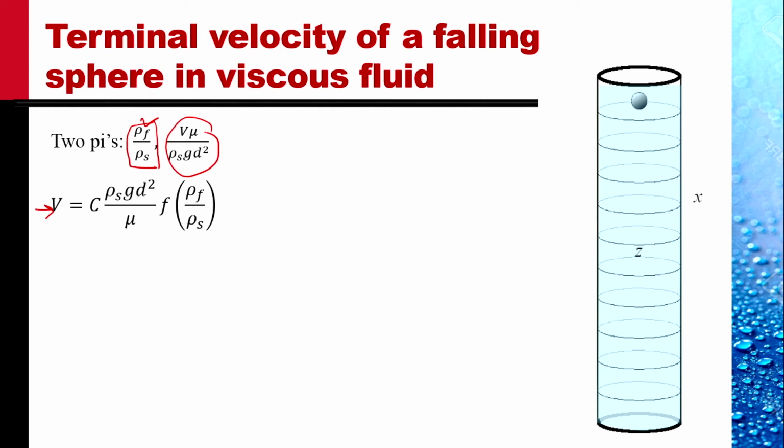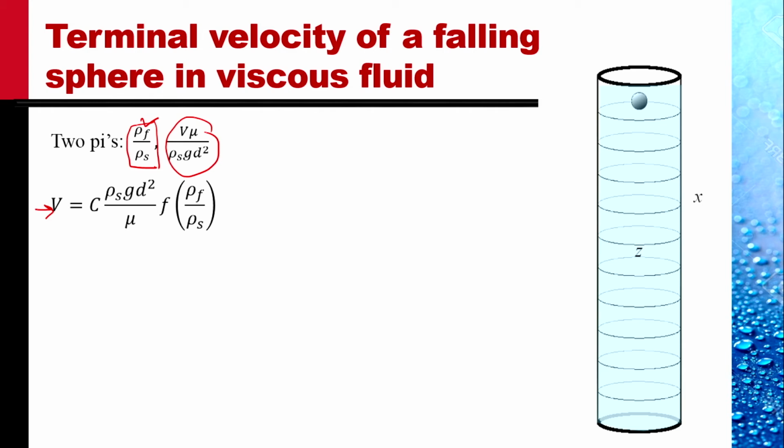As we had argued in a previous lecture, in this problem of terminal velocity, the only thing that matters is the weight of the sphere.